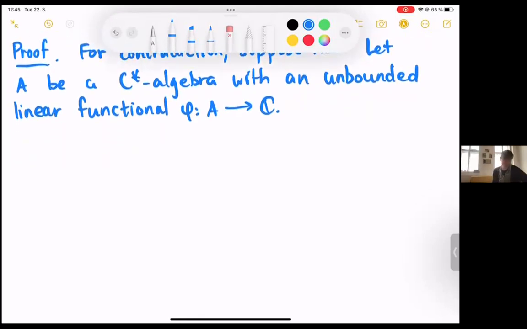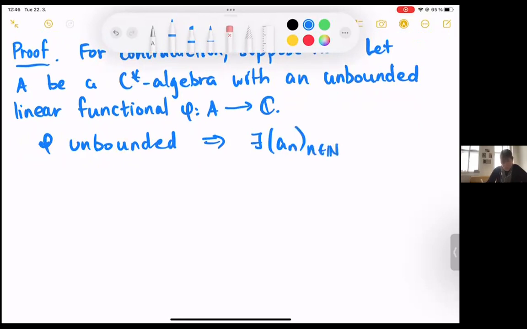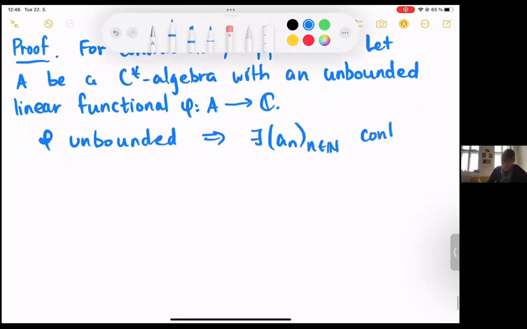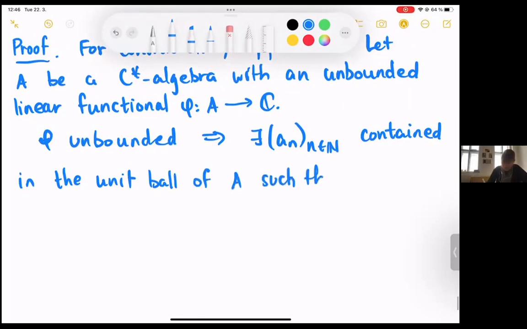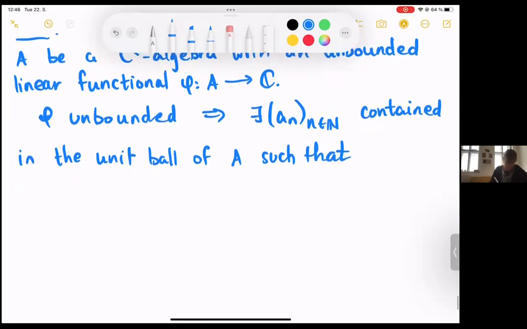Okay, now if phi is unbounded, then we can find a subset of the unit ball that sees this unboundedness, such that the absolute value of phi of a_n goes to infinity as n goes to infinity.